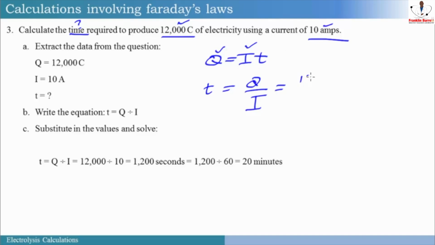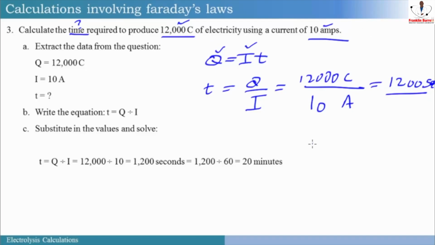Q is 12,000 coulombs and I is 10 amperes. So you can see here that in dividing 12,000 by 10, our calculation would give us 1,200 seconds. So the time that is required is 1,200 seconds to produce 12,000 coulombs of electricity using a current of 10 amperes.